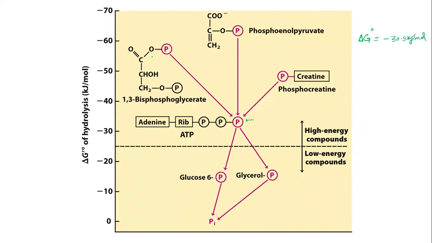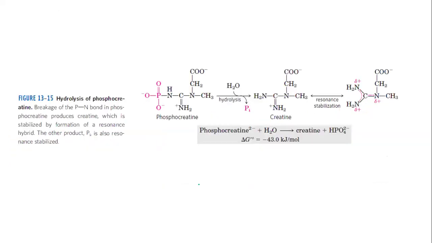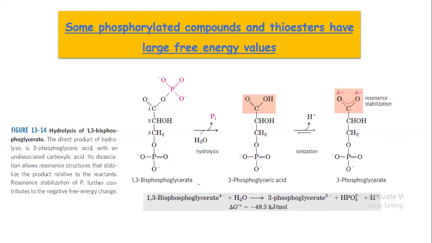However, we have some other compounds: 1,3-bisphosphoglycerate, phosphocreatine, and phosphoenol pyruvate. The delta G of hydrolysis of these compounds is far greater than the free energy of hydrolysis of ATP.